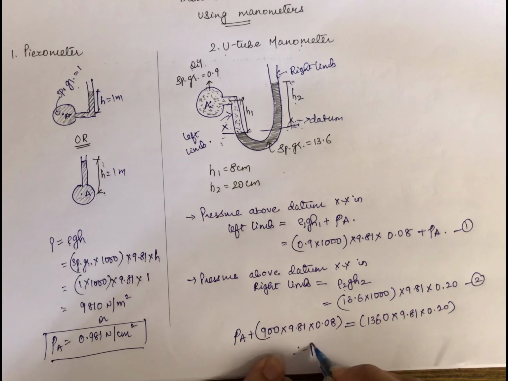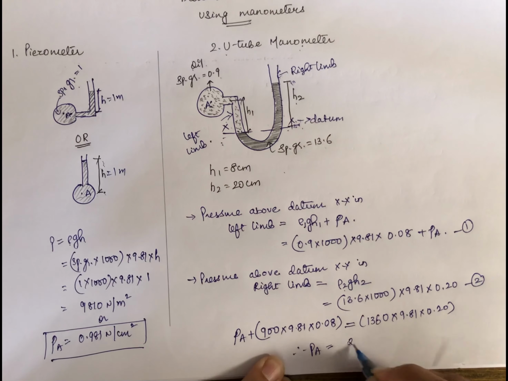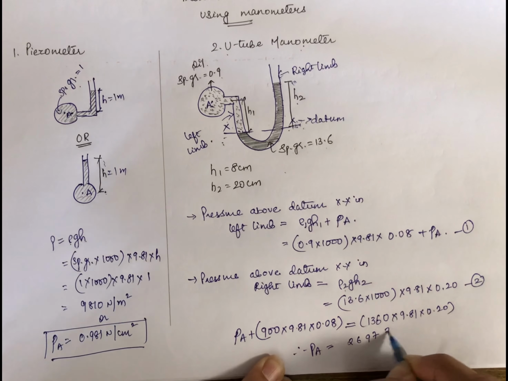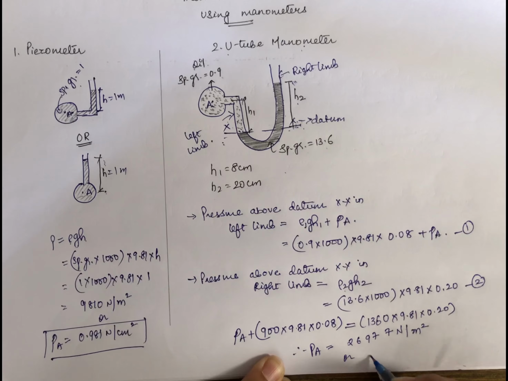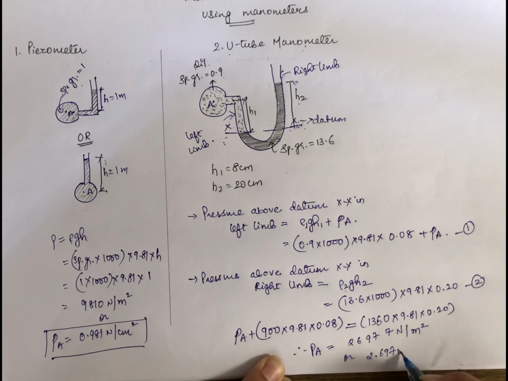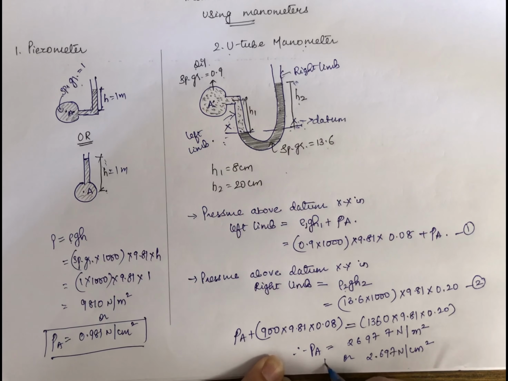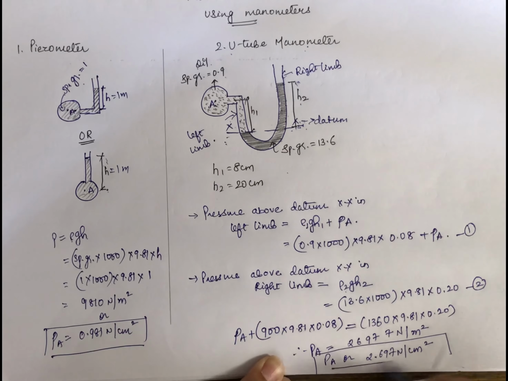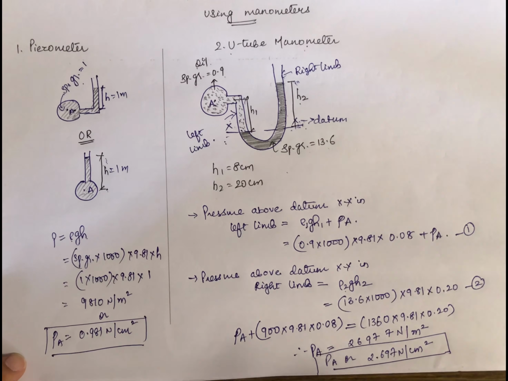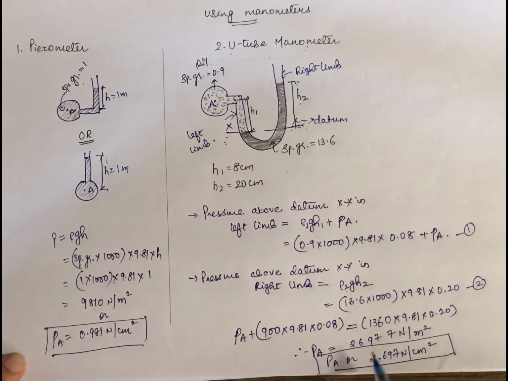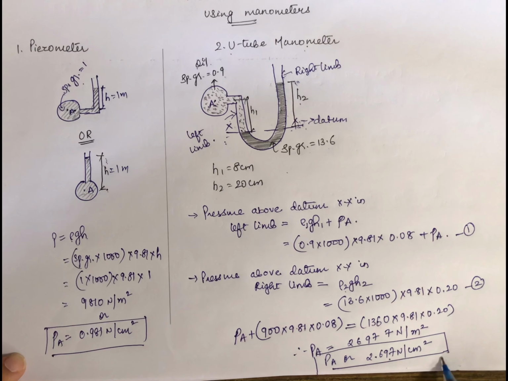Therefore, the value of PA that I will get will be 26977 Newton per meter square or 2.697 Newton per centimeter square. So, solving this, we get the value of pressure at point A in the pipe as 2.697 Newton per centimeter square.